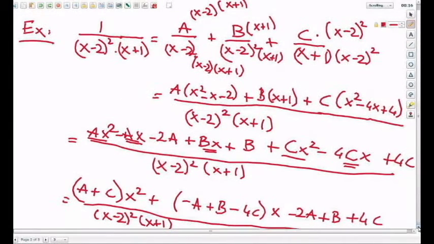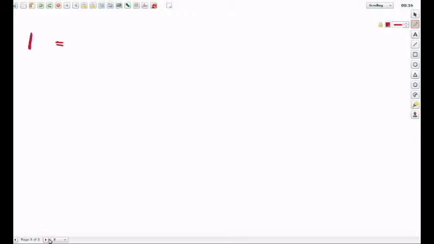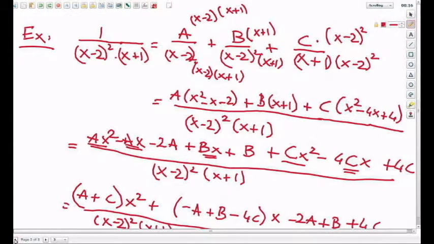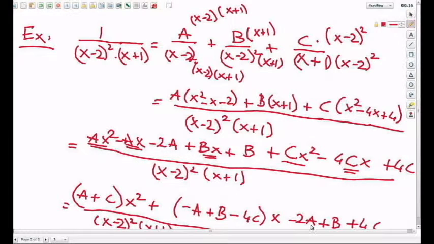And now I'm going to try to remember here that the numerator that we ended up with in terms of these constants a, b, and c are a plus c times x squared, excuse me here, minus a plus b minus 4c times x, and then we have minus 2a plus b plus 4c.